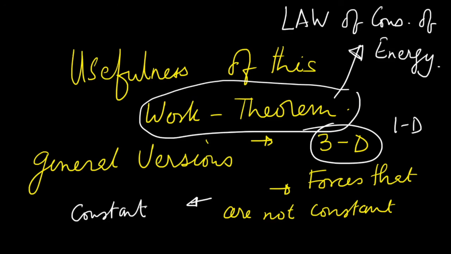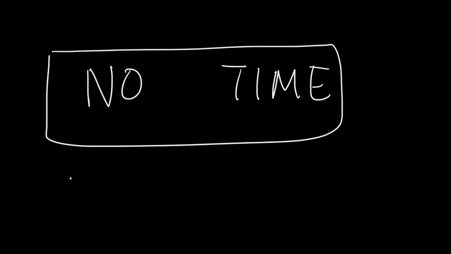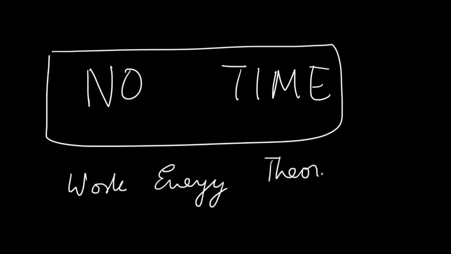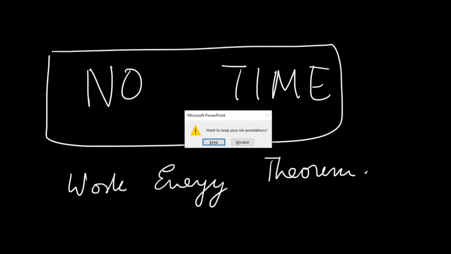Let's stick to these examples, and with the help of these simple examples, let's try to understand how useful this theorem is. But it might be a good idea to stop by repeating one important point, and I think it's a good thing to carry with you when you are studying the work energy theorem. So let's stop here, and next time let's look at some examples. All right.